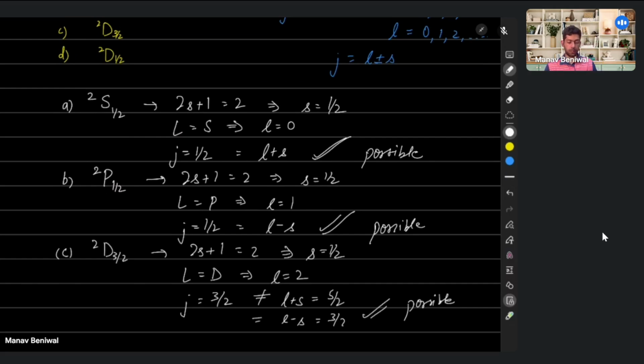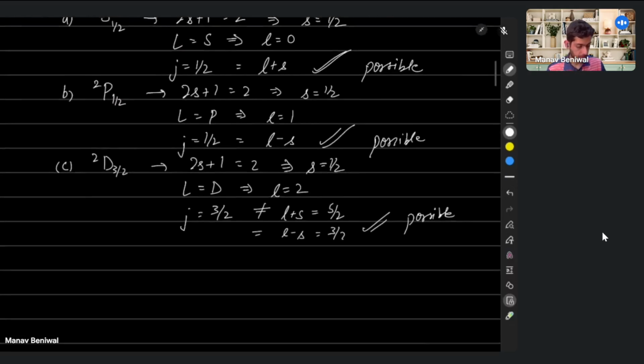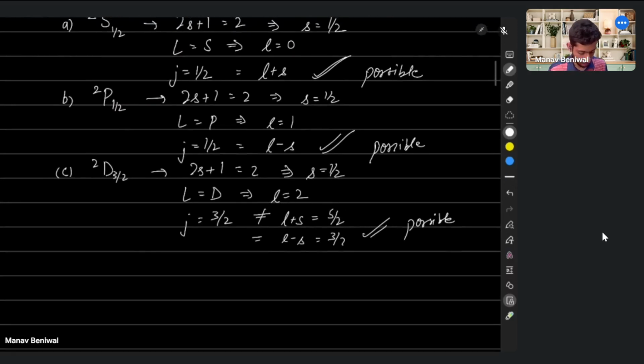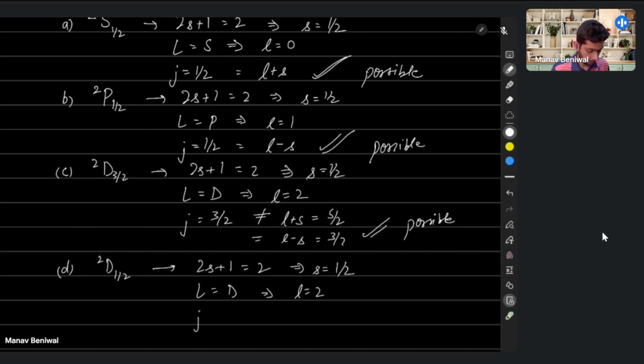Now the last option is 2D 1/2. Here s is as usual half. Again L is D, which will give us l is 2, and J is half here, and we have already calculated l plus s and l minus s in the previous example, which is 5/2 and 3/2.